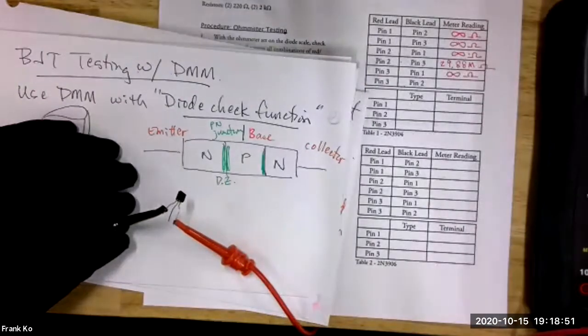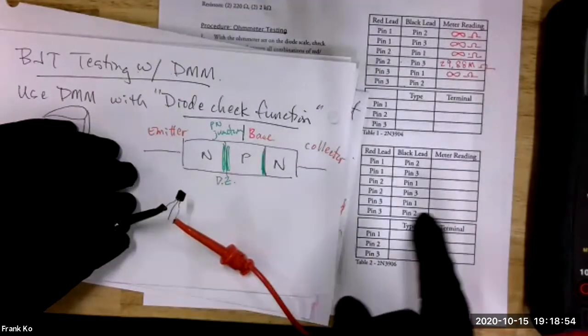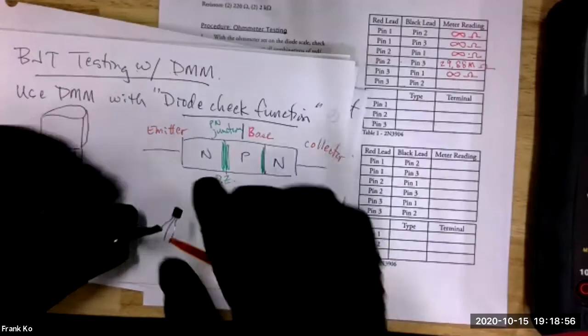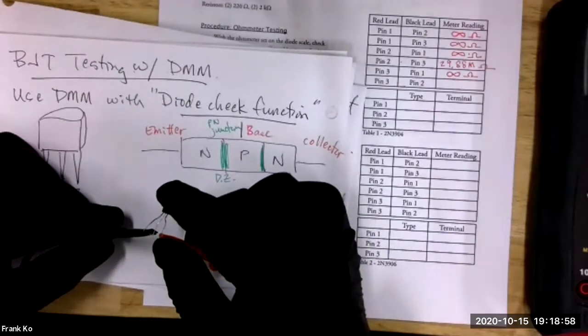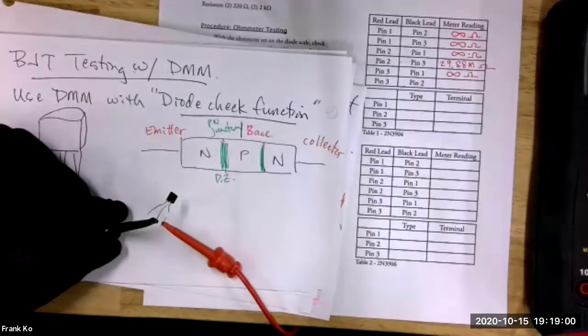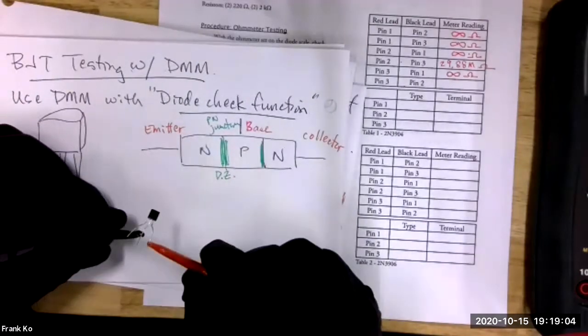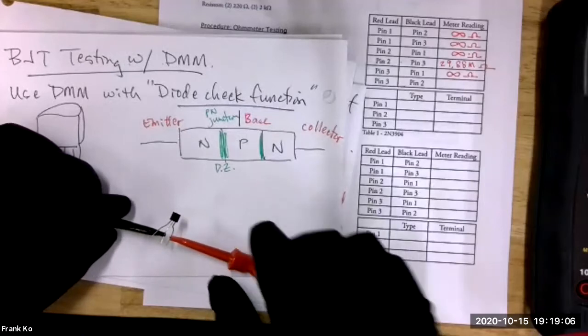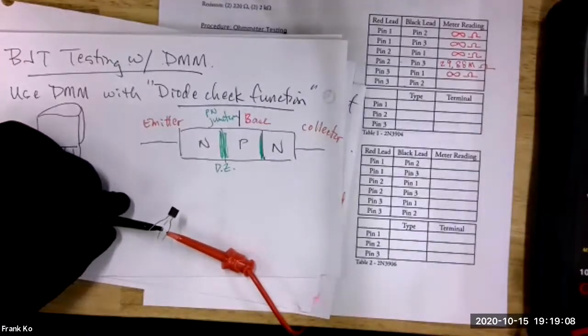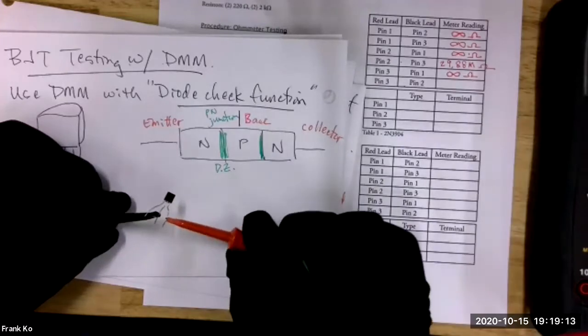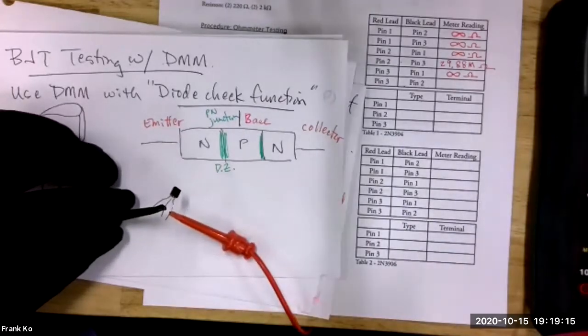Okay. So that's infinity. Now let's try a 3-2. So the red is on 3. I'm going to move the black to 2. 3 and 2.